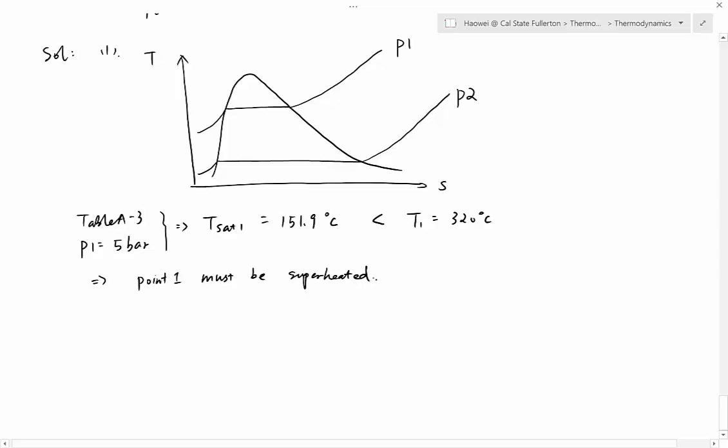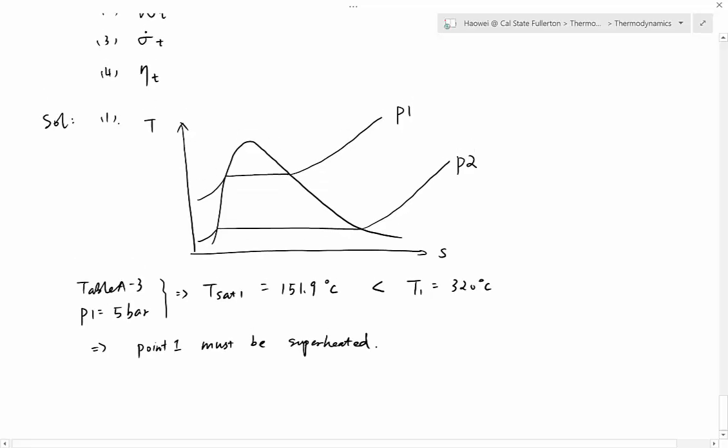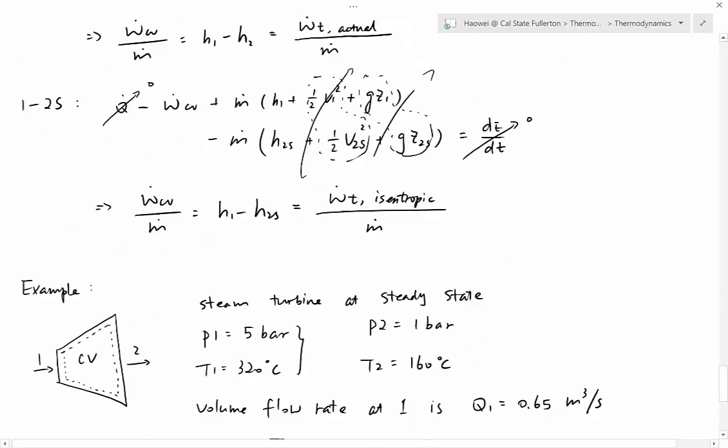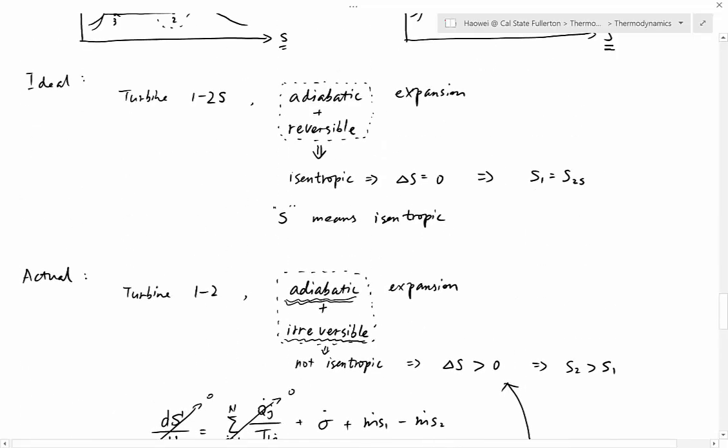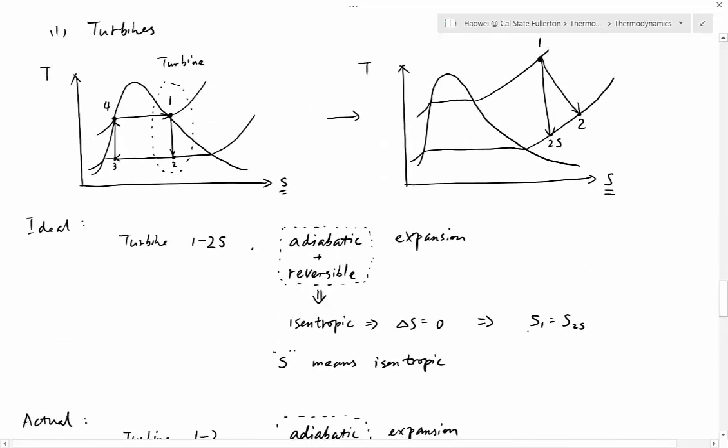Okay, is that enough for us to fix point number 1? Let's take a look. If I put point number 1 here, does this satisfy the requirement to be superheated? Yes. And if I put point number 1 here, how do you sketch 1 to 2s? From before we know 1 to 2s is isentropic, meaning entropy does not change.